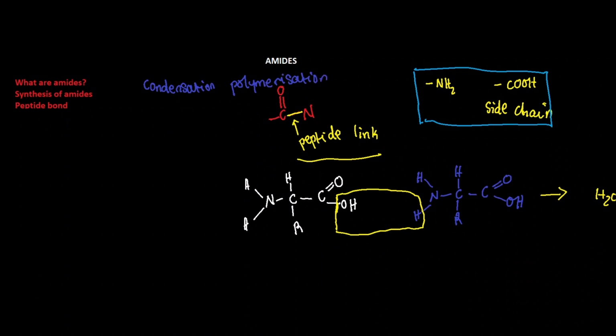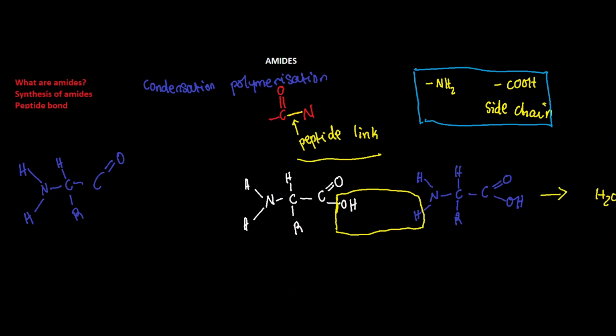Okay, now here's how the polymer would look. Okay, so we'd have an amine functional group with nitrogen here and hydrogen here, and of course the side chain, and the carboxylic acid functional group.